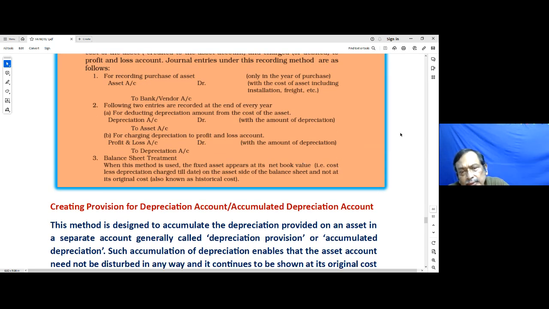When this method is used, the fixed asset appears at its net book value, that is cost less depreciation charge till date, on the asset side of the balance sheet, and not at its original cost, also known as historical cost. So original cost minus the depreciation total amount up to the date is deducted and shown in the asset side of the balance sheet.